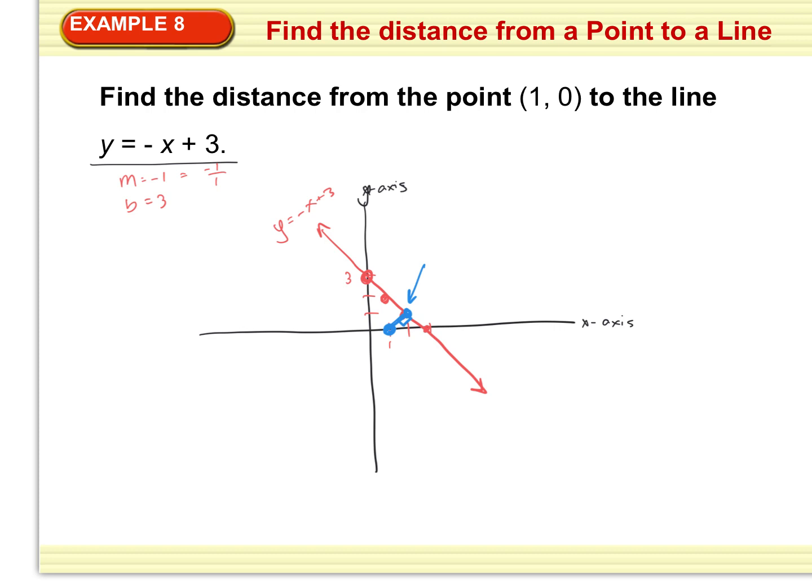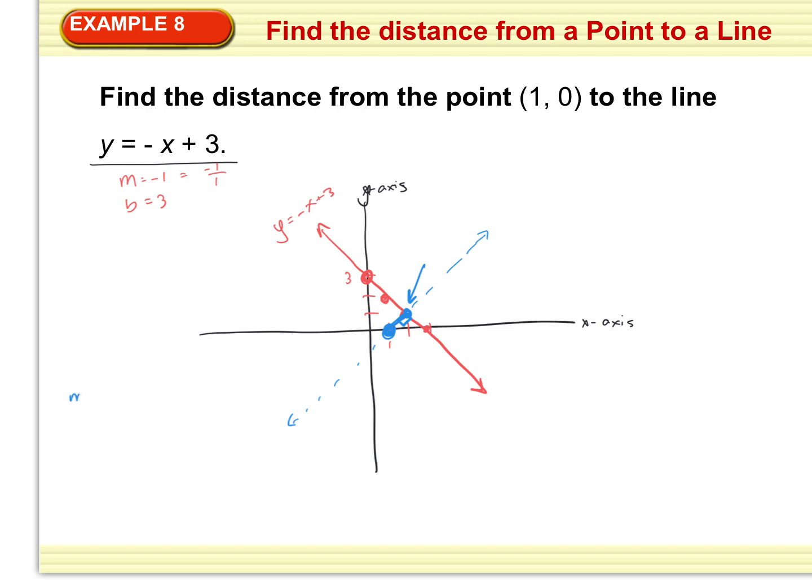So had I done this on a proper coordinate plane, which you would sort of have to do, I'm going to have to envision this perpendicular line that I have to make, right? This line starts here at (1, 0).